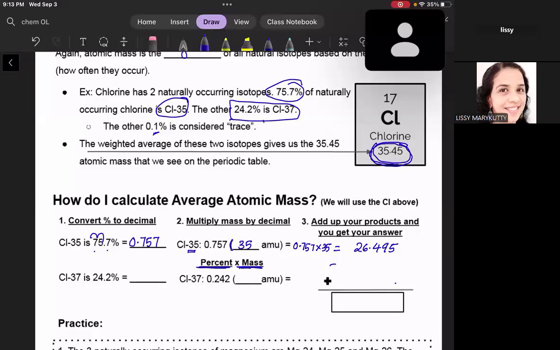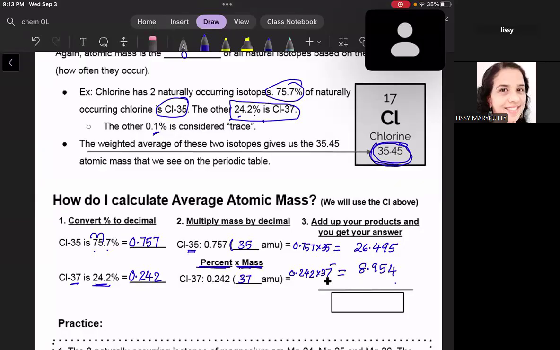Repeat that for the second one. There is 24.2 percent. Convert that into a decimal, which is 0.242. The mass of that isotope is 37. So you're going to multiply that with 37. Get your calculator and multiply 0.242 times 37, and you will get 8.954.